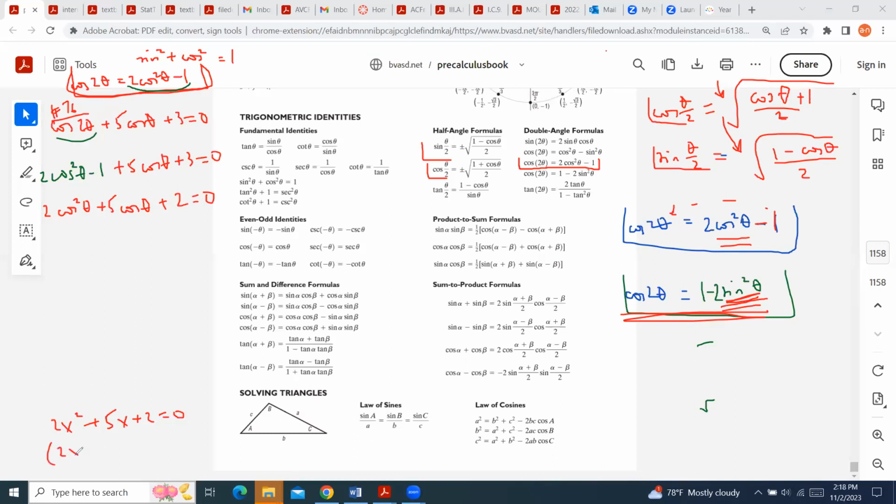You factor first term and the last term. First term is 2x times x. That's the only way to factor it. And the last term will factor 1 times 2, because this way I'm going to get exactly 5 in the middle. So this is 4x, and this is x, so you get a sum of 5x.